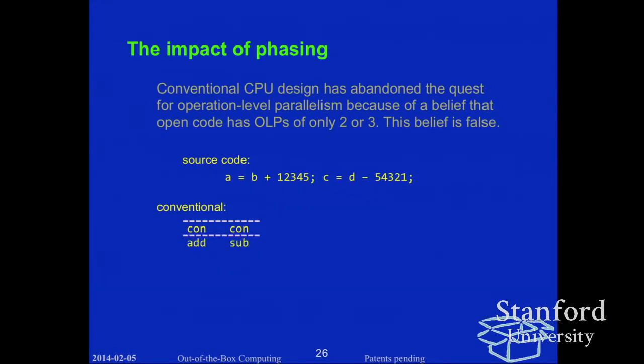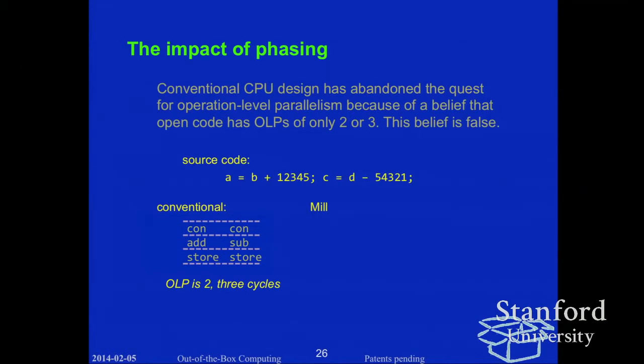A cycle later, you could do the add and the subtract in parallel because there's nothing else which does not have a data dependency. A cycle later, you can do the two stores in parallel. Sure enough, operation level parallelism of 2. And it takes 3 cycles to do it.